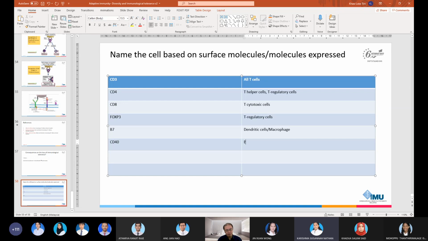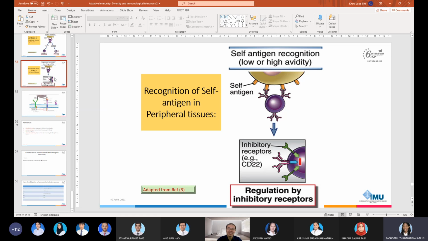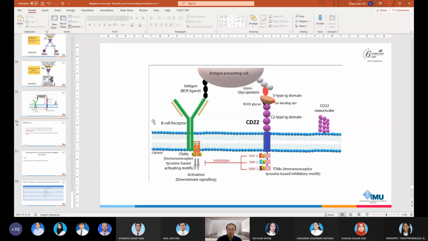B cell. Good. Is it the T regulatory cell? Remember this one? B cell.